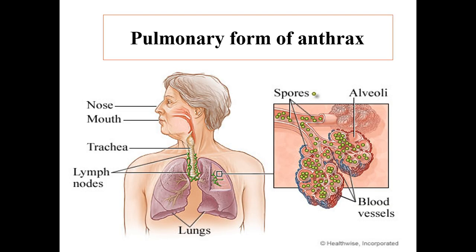The pulmonary form of anthrax: spores in the alveolus, and Bacillus anthracis damages the lung tissues.